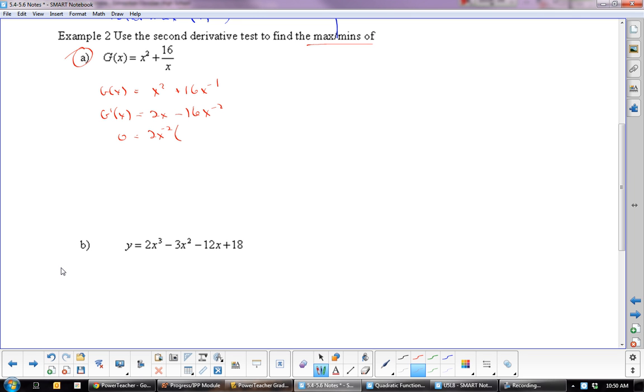No, we got to get the first derivative first to get the CVs. Then we'll take the CVs and put them into the second. So that would be x cubed minus 8. So this would be just 2 times x cubed minus 8 over x squared.